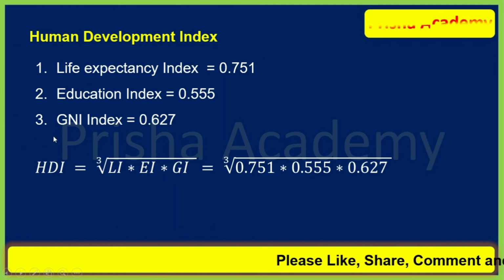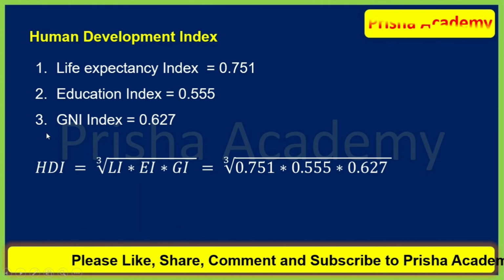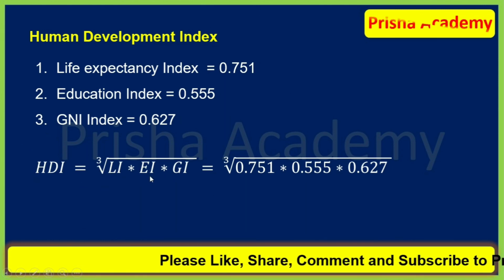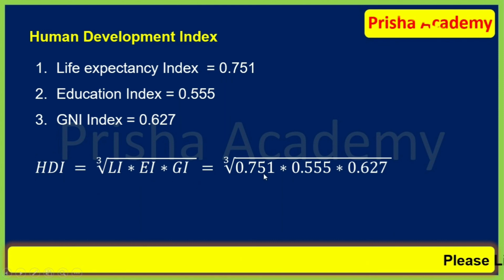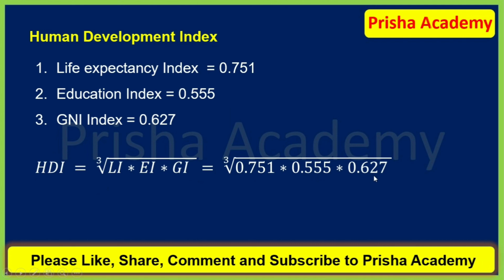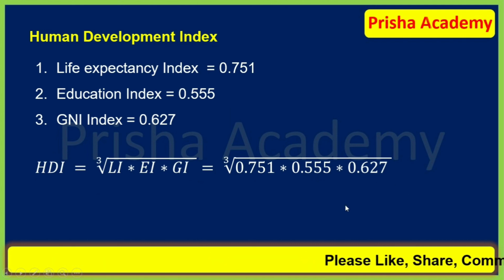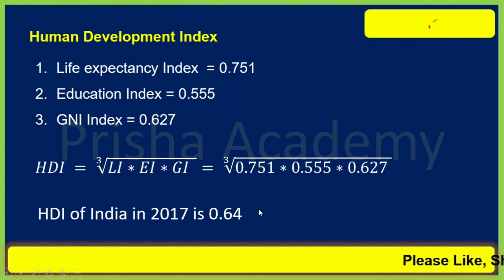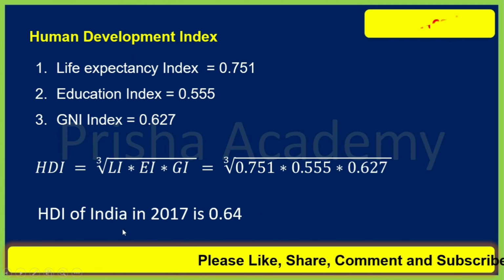When you take the geometric mean of these three dimensions, 0.751, 0.555 and 0.627, you will get your HDI. So the HDI we arrive at is 0.64.